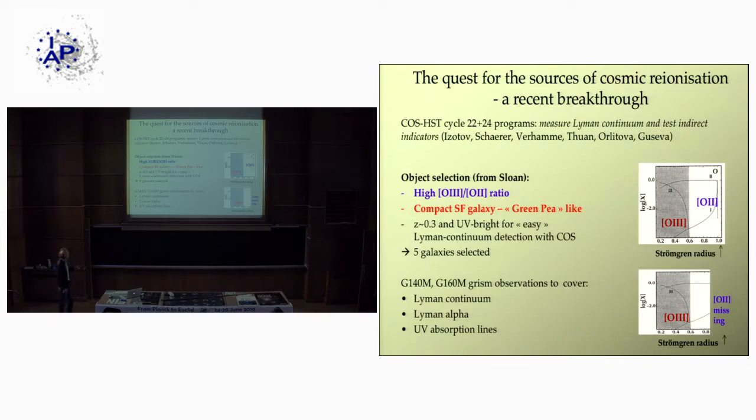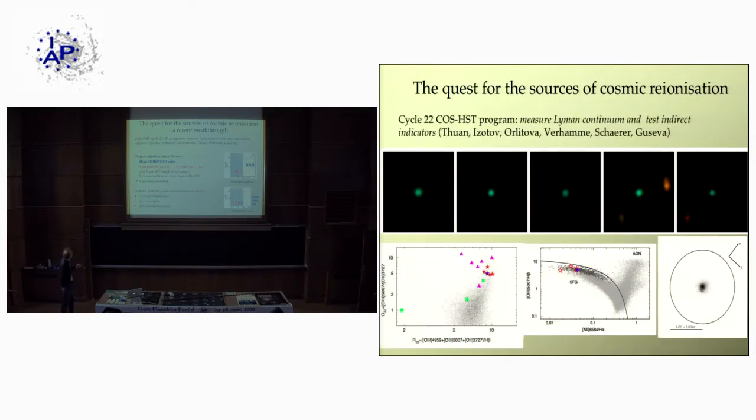And indeed, what we did was to look at 5 galaxies selected for compactness, so they are Green Pea-like galaxies, and for having a high O3/O2. What was new is that we chose a very specific redshift range around 0.3, which allows very efficient observations with the COS spectrograph on board the HST.